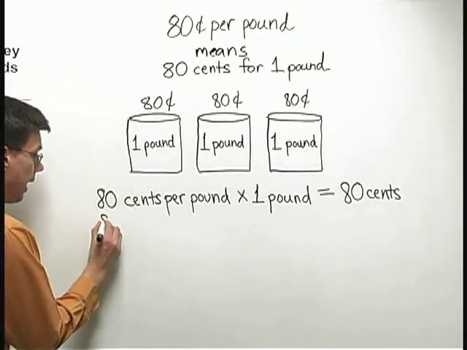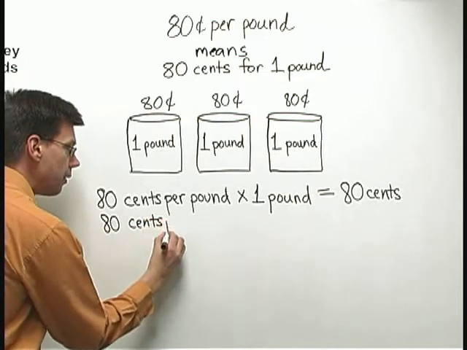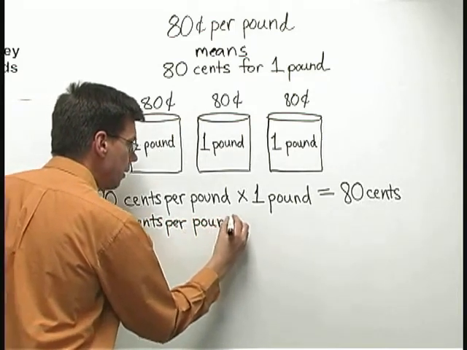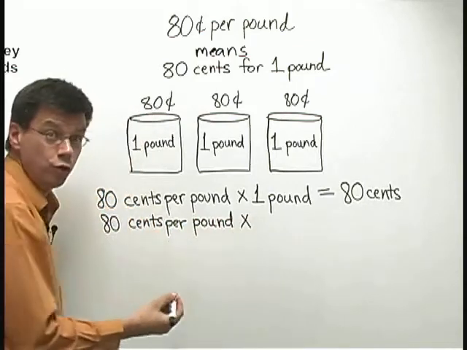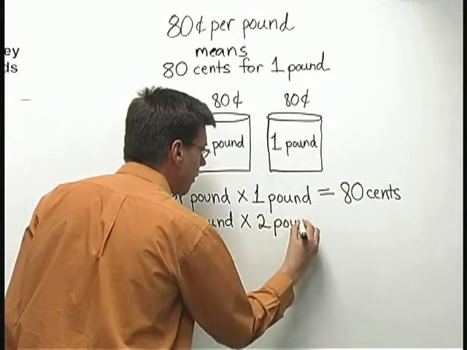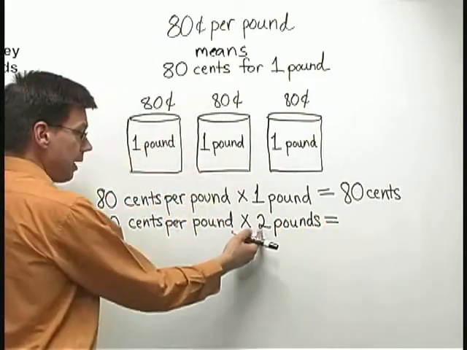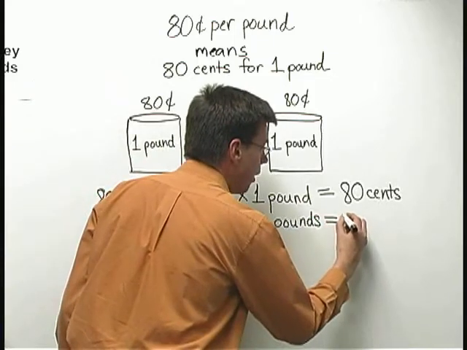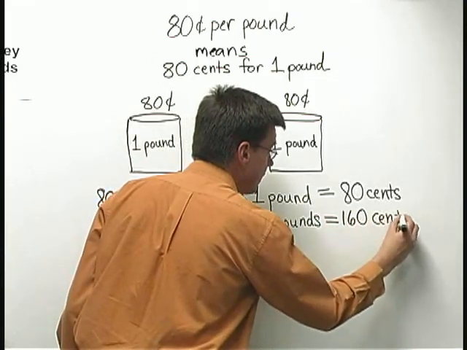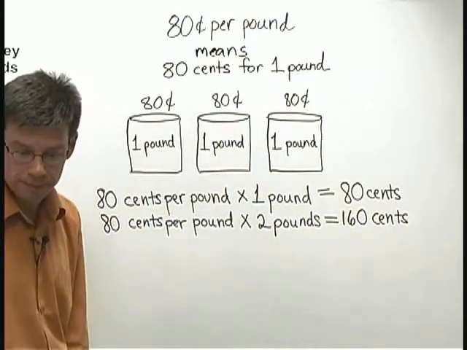If we take 80 cents per pound times 2 pounds, 80 times 2 equals 160. That's 160 cents that we would pay for those 2 pounds of beans.